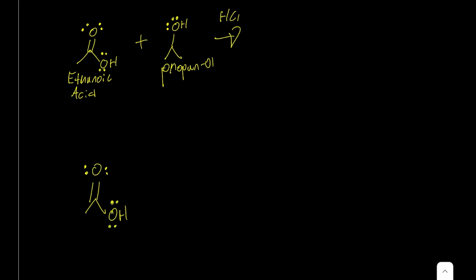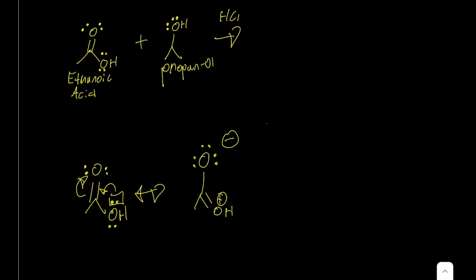What can happen is this lone pair of electrons on this hydroxyl group can attack this carbonyl carbon, and we'll send this bond back. And what we'll get is this resonance structure, with this positive oxygen and this negative oxygen.